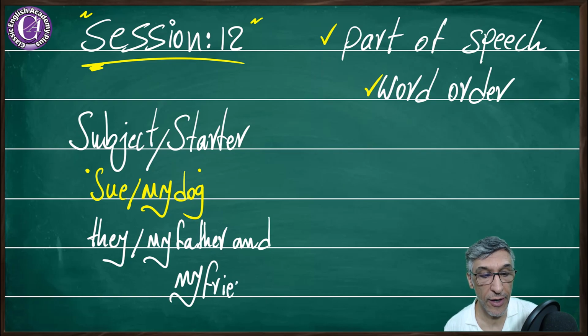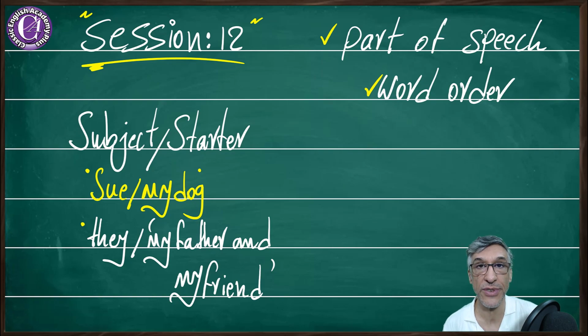These two are going to be the starter or the subject at the same time. Here we have they as the subjective pronoun. Yes, of course. Can we use my dog or my father, my friend? Or we can use it in different forms?